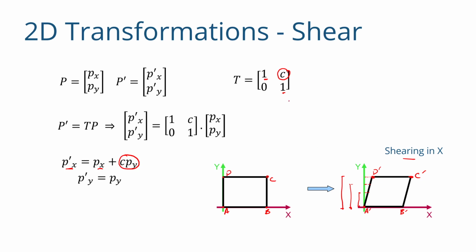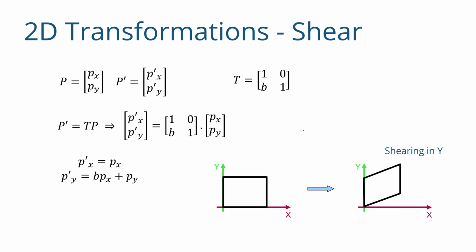You can similarly imagine that you can have a shearing in y if you have this as non-zero and this coordinate as 0. Now, so this is shearing in y. There is no reason why one of these should be 0. You can have C and B here, both of them non-zero. Then you will have general shearing in the 2D plane.